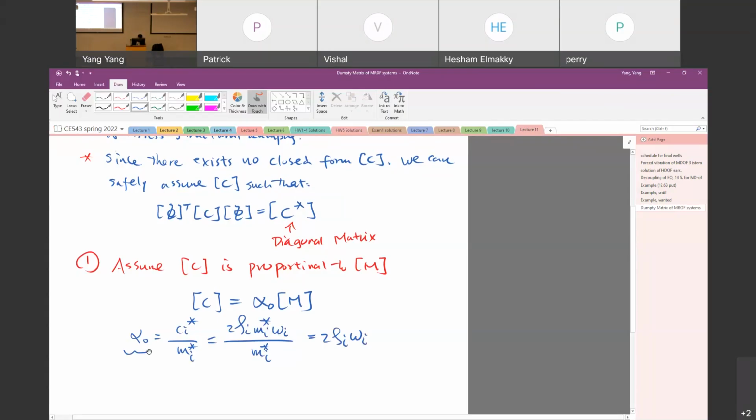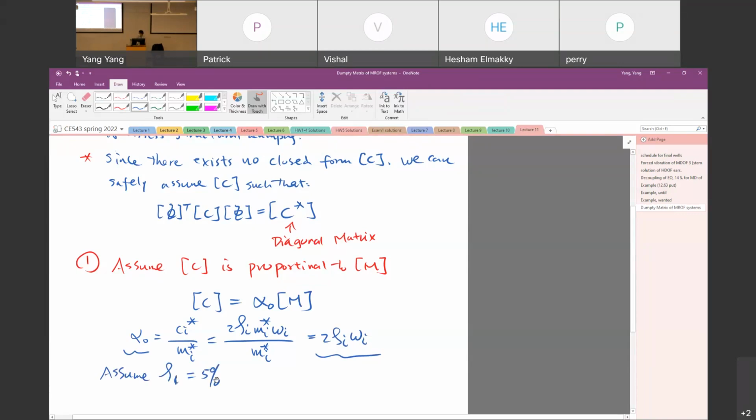The alpha can be expressed as the damping ratio for each mode times the natural frequency. So we can assume theta 1 equal to 5%.